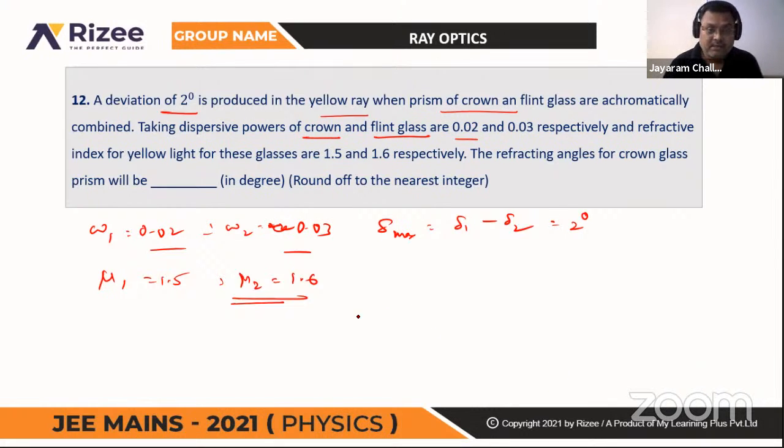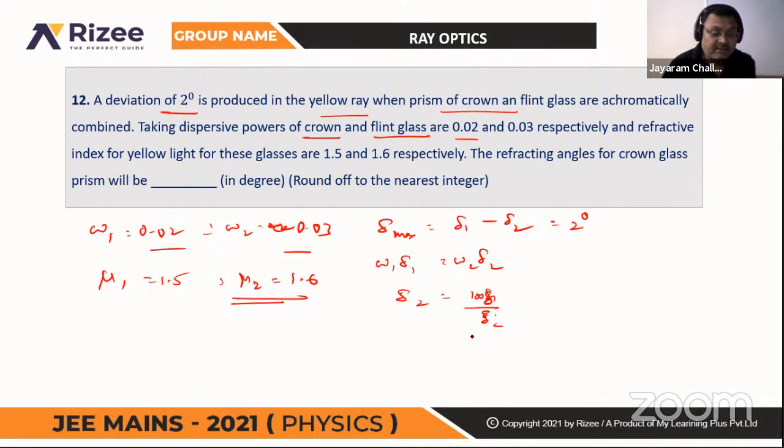Now, omega 1 dispersive power into delta 1 is equal to omega 2 into delta 2. So from this one, what can you find out? Delta 2 is equal to 2 into delta 1 by 3, in terms of the deviation of the first case and the deviation of the second case.